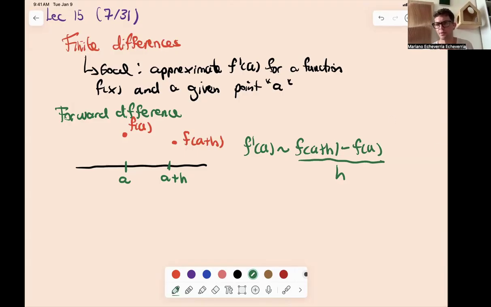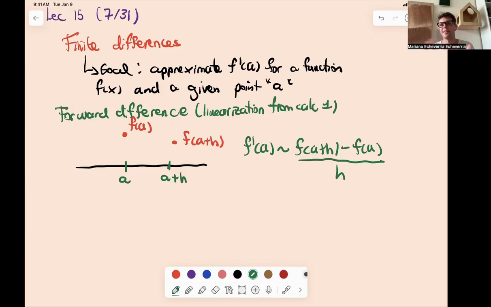When you linearize a function, that's more or less the same answer you get there. So it's essentially the same as the linearization from Calc 1.